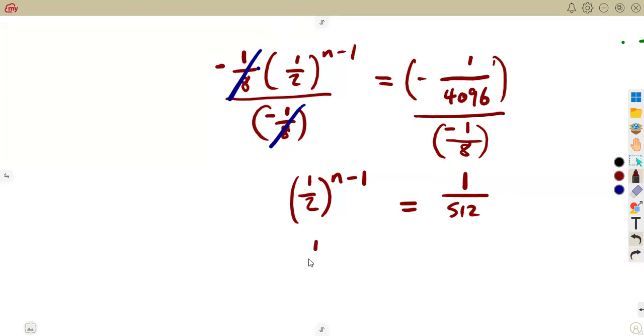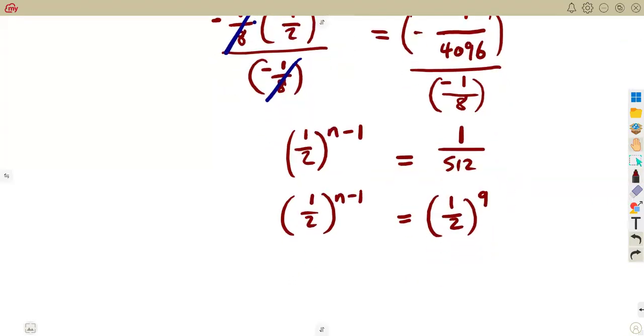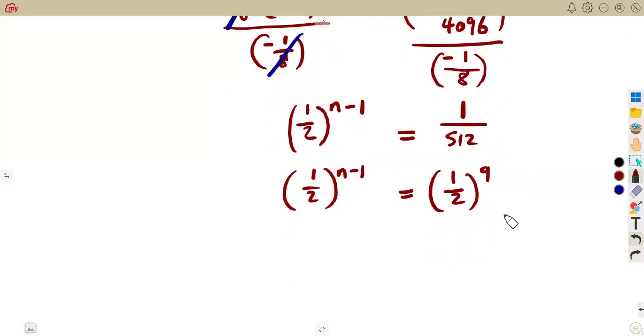So that is 1 over 2 to the exponent of n minus 1 is equal to this side. This is 1 over 2 raised to the exponent of 9. To obtain this, yes, you can have that one of removing the fraction. Guys, it's up to you, but you can even work with that 1 over 2 as it is. So as we have these bases being the same, the 1 over 2 and the 1 over 2, we are simply going to equate the exponents.